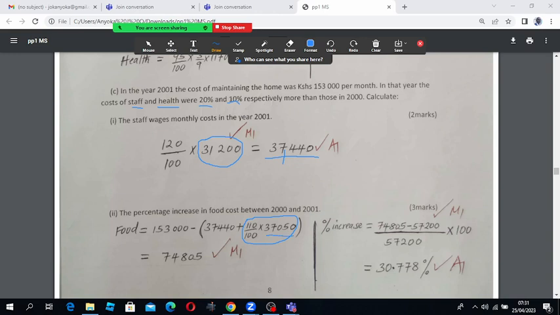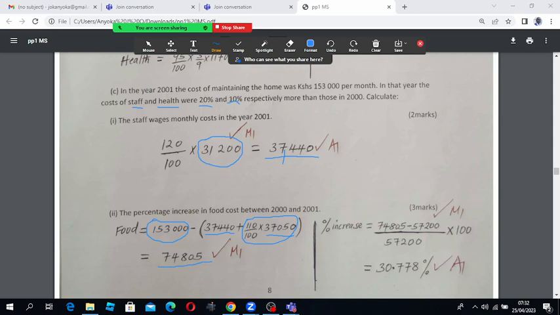Then increased by 10%, so 110% of it, plus the amount for staff wages in 2001. Then we subtract it from 153,000. That is the amount standing for food per month in 2001. So we get 74,805. There are other alternative ways, but by the end of it all, we must see 74,805. That's the cost of food.